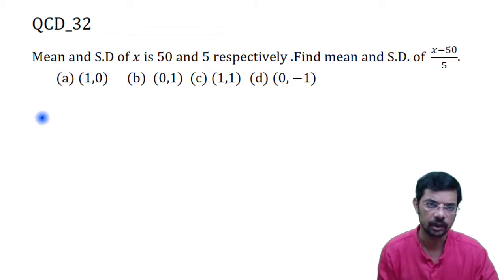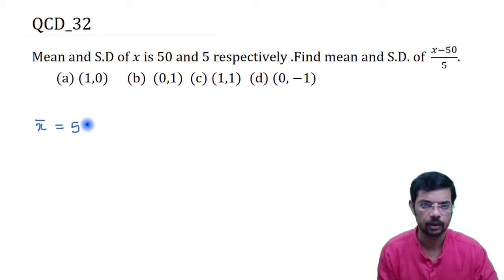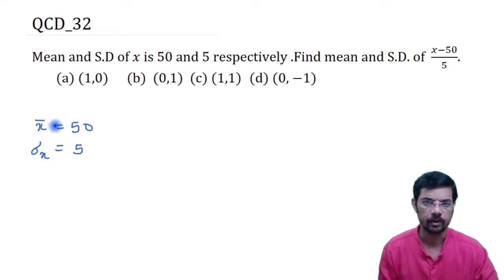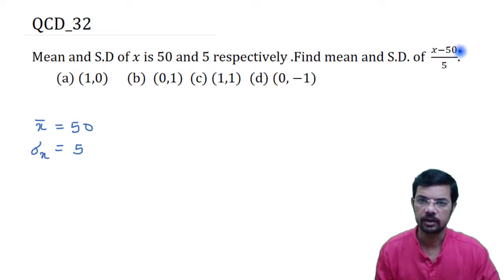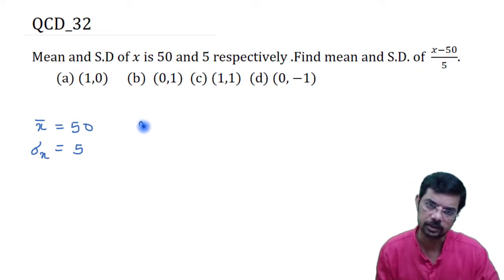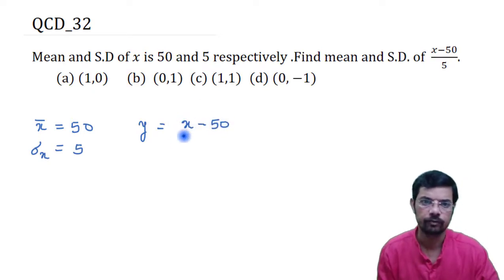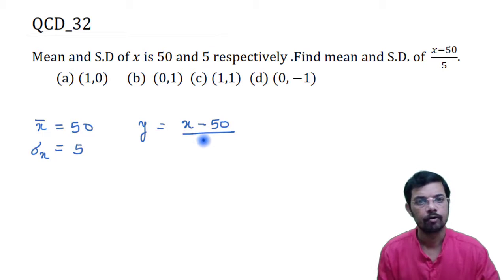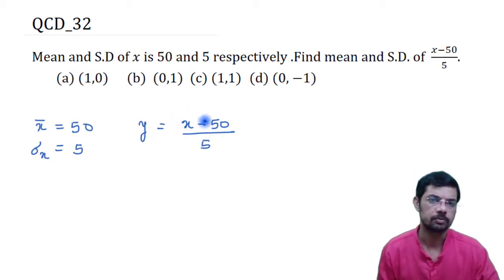We have the mean of x, that is x bar, equal to 50, and the standard deviation of x equal to 5. Y is given as another variable, y equals (x minus 50) divided by 5.